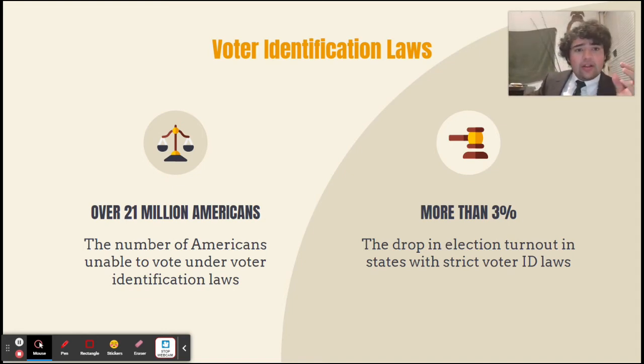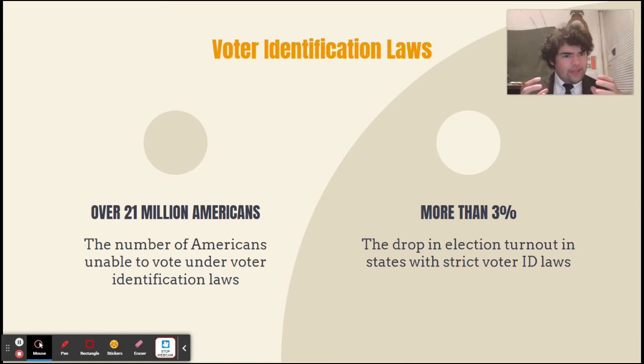And 3% is the average drop nationwide, with states that have instituted strict voter ID laws. 3% of an electorate is an incredibly huge number. I mean, we see 3% and we think nothing of it, but this is thousands, if not hundreds of thousands of people, individual votes, individual voices in the political process that are suddenly invalidated and that can no longer exercise their right to vote.